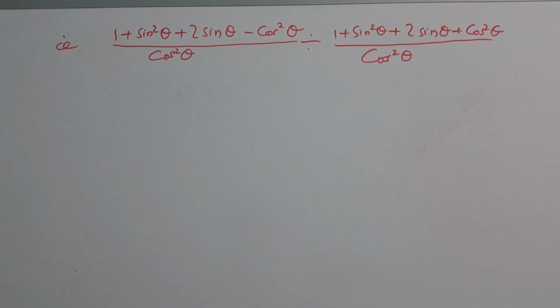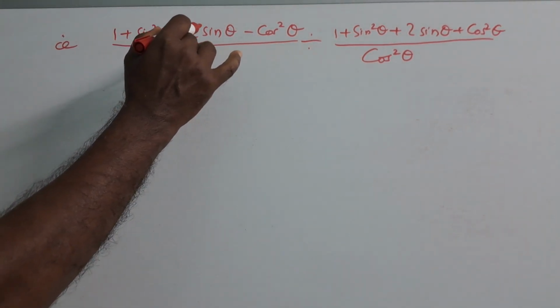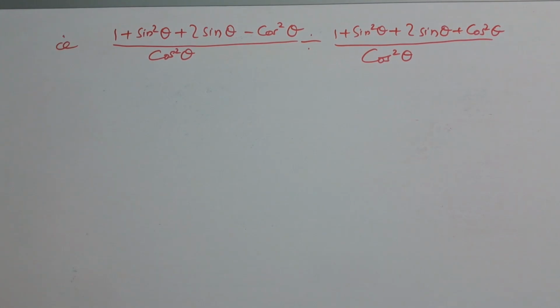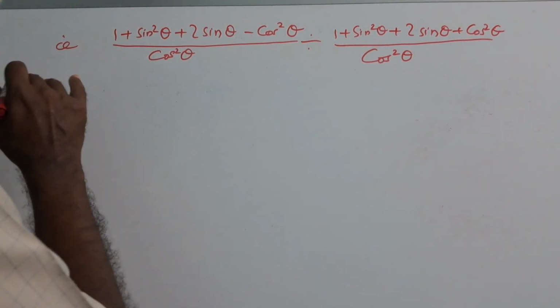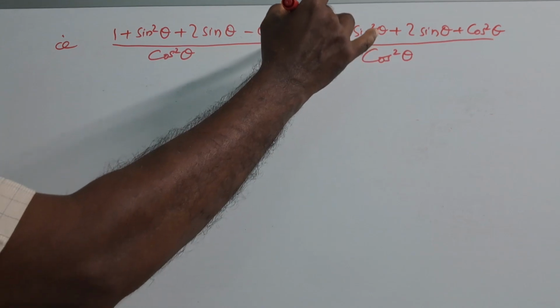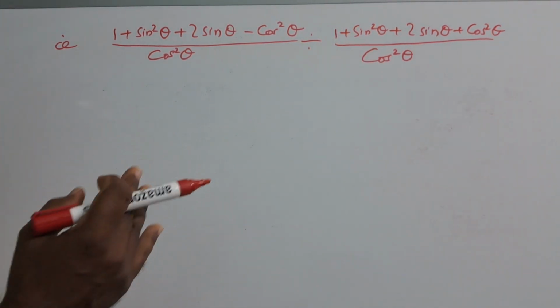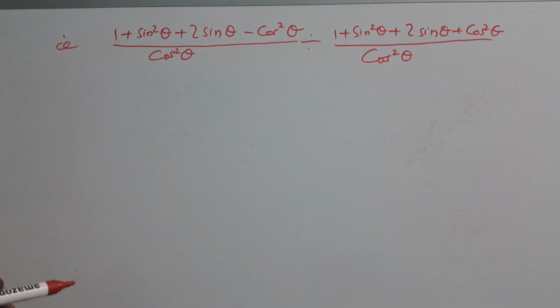That is, to simplify, we have 1 plus sin square theta plus 2 sin theta minus cos square theta by cos square theta divided by, I express the division in this way so that you can easily detect the numerator and denominator.